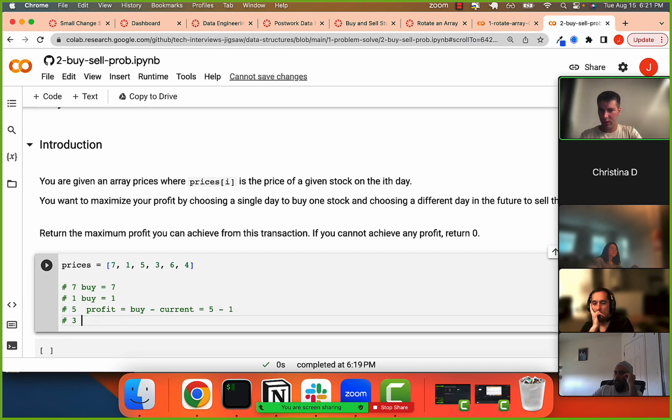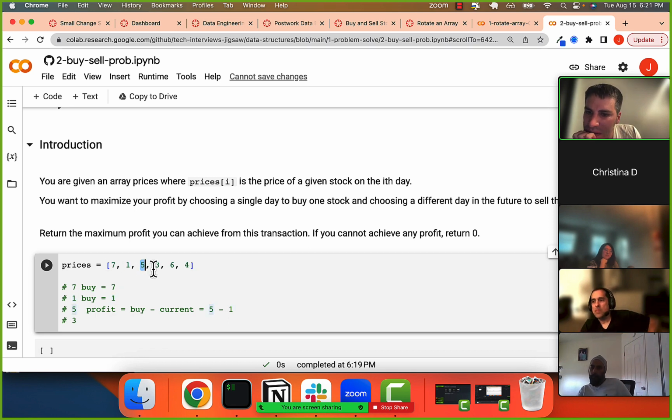We have 3. And do I think I should buy at 3? Potentially. I don't know. I'm trying to think what my brain would do. Okay. I think the answer is no. Because anything that came higher afterwards, I would do better with this lower price.